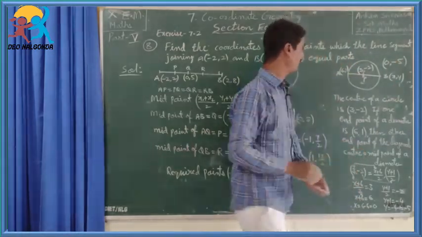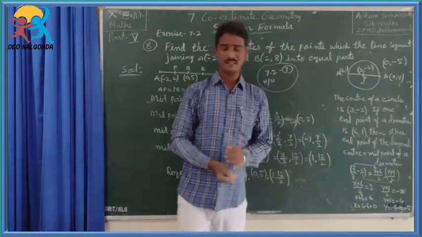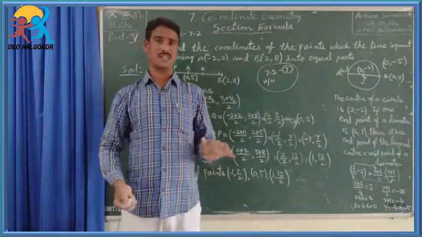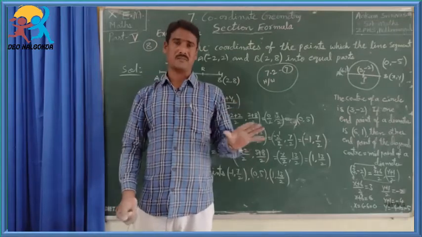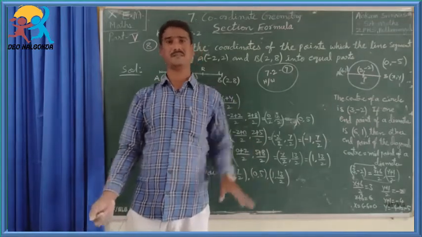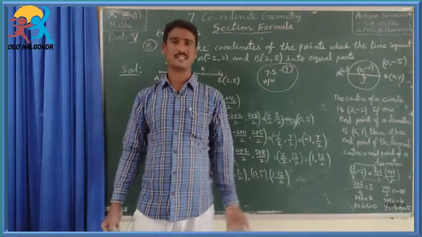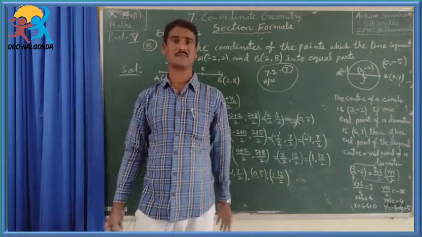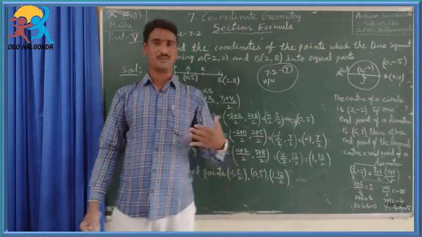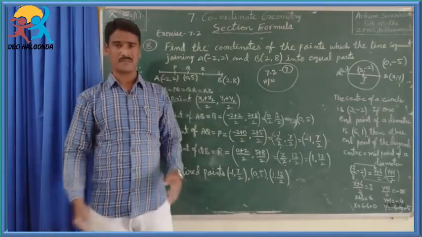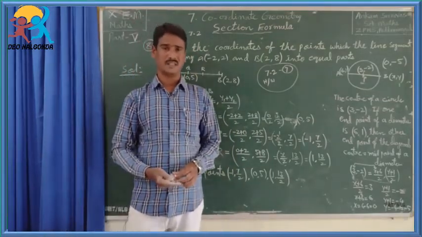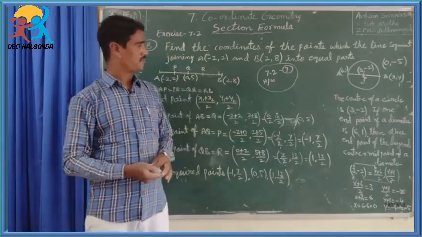(0, -5). These types of problems, prepare yourself and solve them yourself and self-assess yourself. Self-assessment is most important to complete the problem and to do the given problem faster.